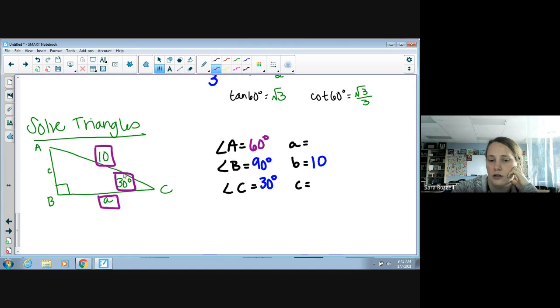Here's my angle, and I've got an a and a c. So this is an adjacent and a hypotenuse. So which one should I use? Cosine. Yeah, cosine. So cosine of 30 equals adjacent over hypotenuse, which is a over 10. So I'm going to write that out and we'll solve it in a second. So cosine of 30 equals a over 10.